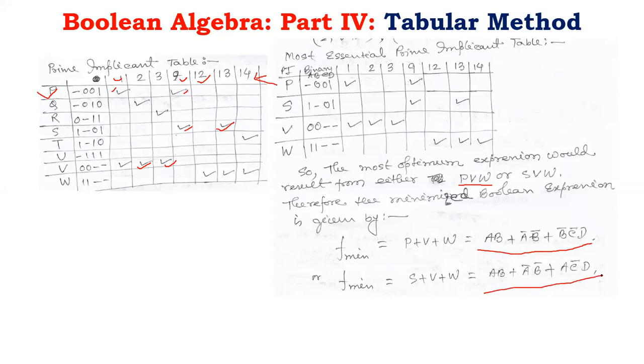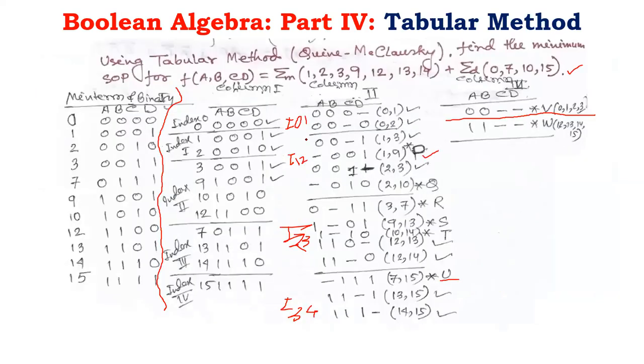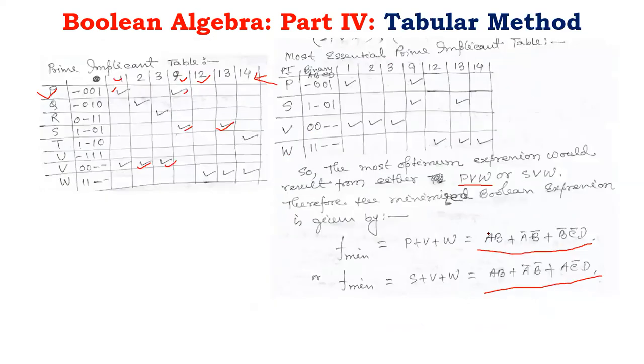We will get this from P, V and W. For P, we will get B bar, C bar, D. This is not properly written.